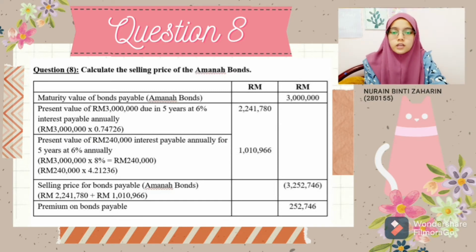Then we add up the present value of 3 million ringgit due in 5 years at 6% with the present value of 240,000 ringgit interest payable annually for 5 years at 6% to get the selling price for bonds payable for these amanah bonds, which is 3,252,746 ringgit. So the next question is question 9.